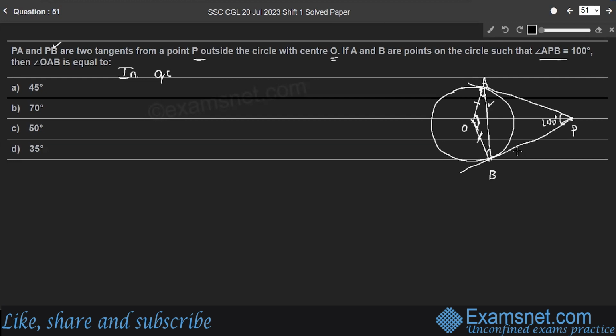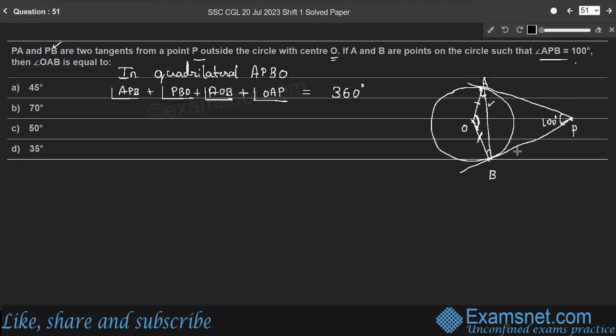In quadrilateral APBO, the sum of the angles in a quadrilateral, angle APB plus angle PBO plus angle AOB plus angle OAP, is equal to 360 degrees.